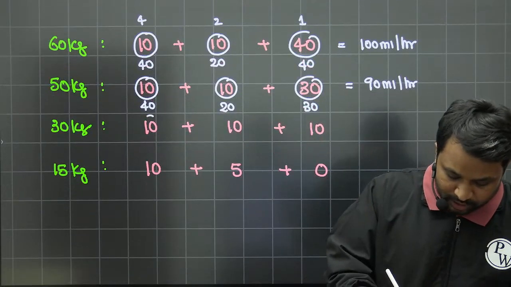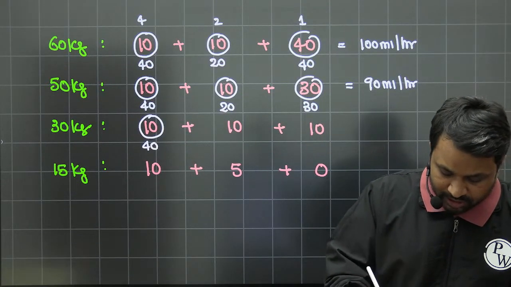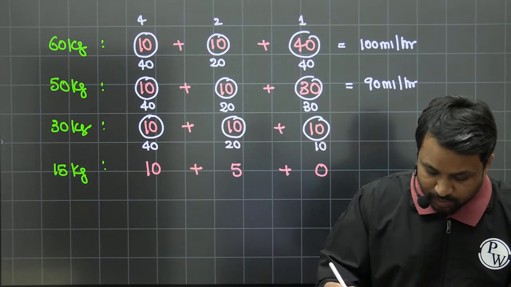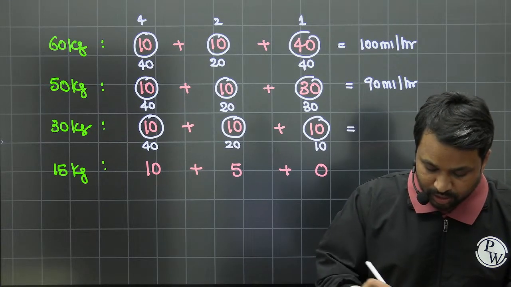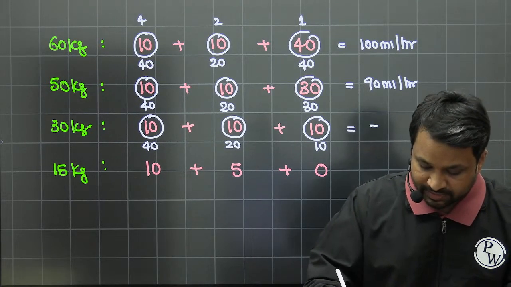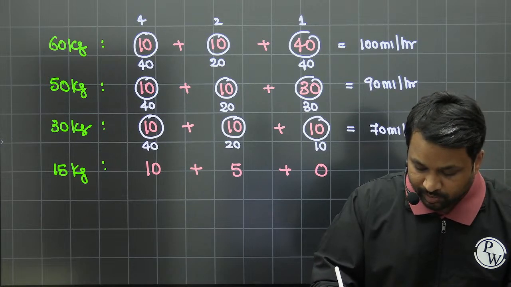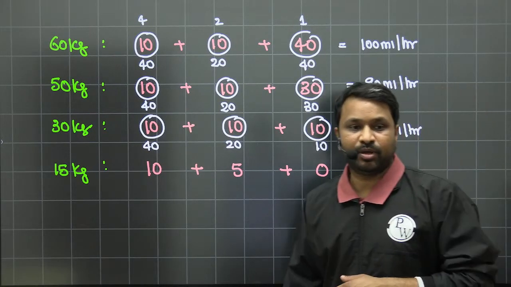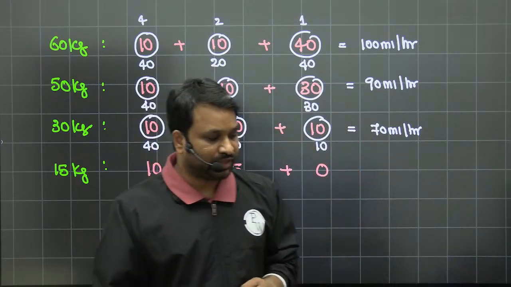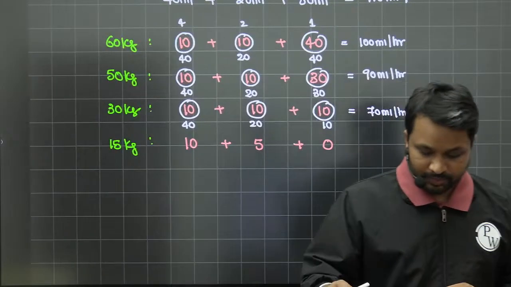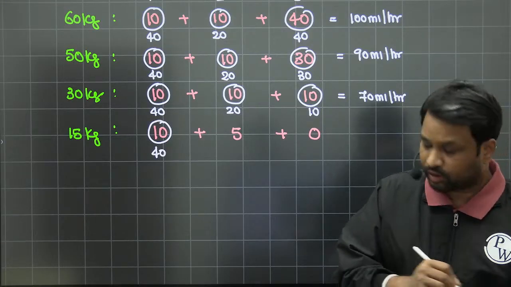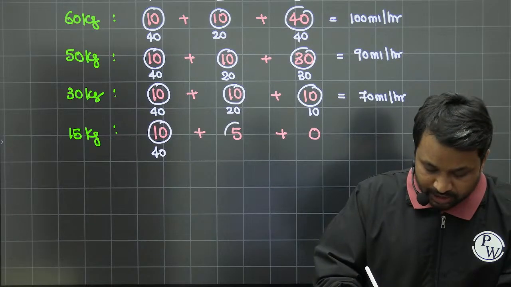Now if you have a 30 kilogram patient, first 10 kilograms is 40 ml, second 10 kilograms is 20 ml. Rest of the body weight will also be 10 ml, 1 ml per kg. So this is going to come as 40, 20, 60, 60 plus 10 is 70. So it is 70 ml per hour, right? That is for the 30 kilogram patient. Now if a 15 kilogram patient, this is tricky because first 10 kilograms is 4, that is 40. Second, it is 2 ml per kg.